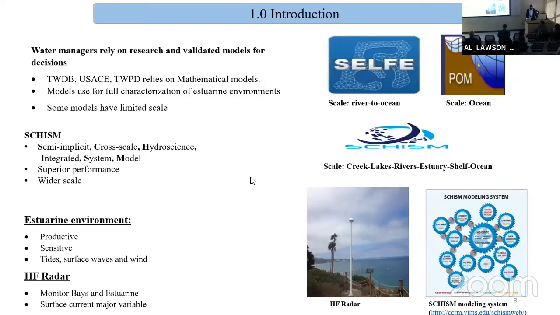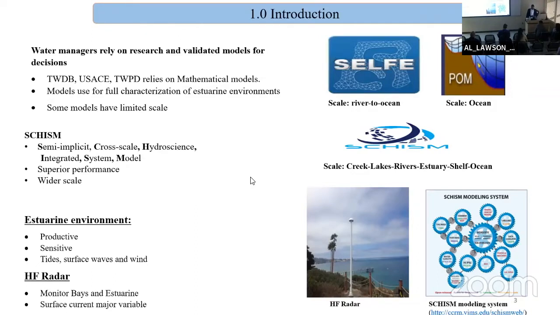As I mentioned, our state, Texas, has a lot of interconnected water bodies as a result of our proximity to the ocean. And these water bodies have several agencies that manage the resources. They usually use models to characterize those environments and to make decisions on how to manage the resources.